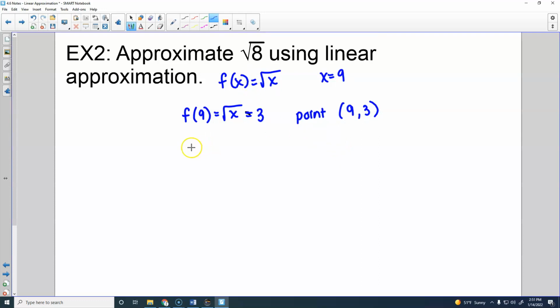We already found this derivative on the last problem, so it'd be the same derivative, 1 over 2 square root of x. Right, so if we want to know the derivative at that point, we do f prime of 9. So I'd get 1 over 2 square root of 9, which would give me 1/6. That is my slope.